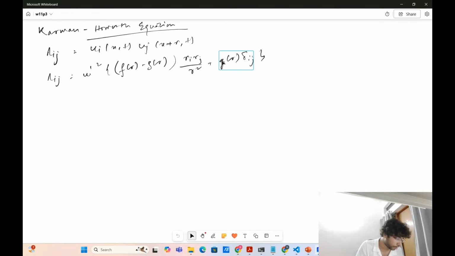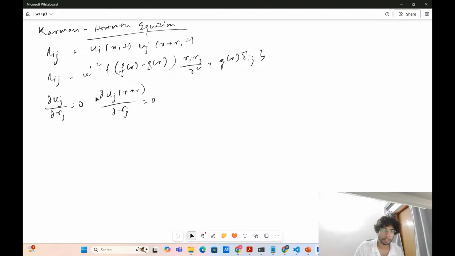Now if you impose the incompressibility condition, which states that du_j/dr_j equals 0, and du_j(x+r)/dr_j is also equal to 0, then if you multiply this equation with u_j, you can take that u_j inside.